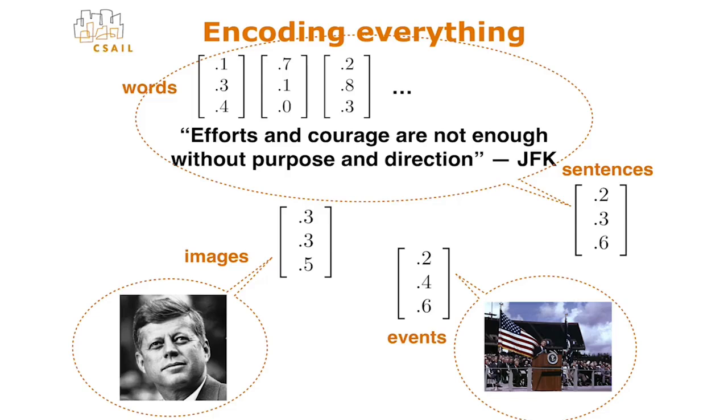Let's briefly look at a preview of what we can do once we've solved these encoding problems. We can take words as vectors, use them to turn sentences into vectors. We can take images, turn them into vectors. We can take events, videos and other things, and turn them also into vectors. Now, after this encoding, everything is in the same representation. Everything is turned into a vector.